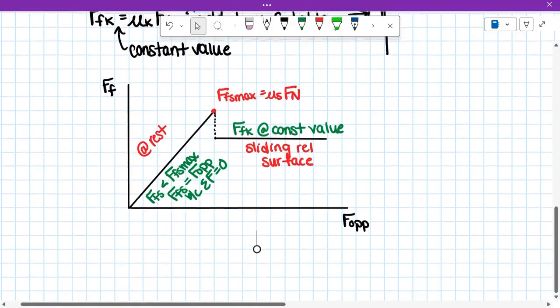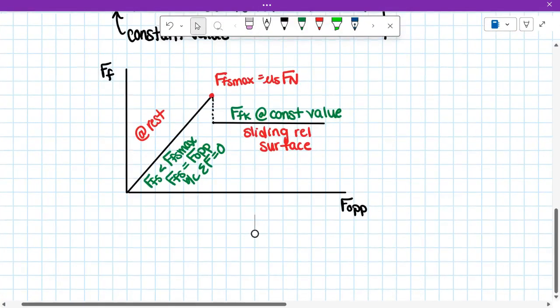So you might be trying to figure out, which one do I use? Do I use static or do I use kinetic? Do I have to consider both? Well, we're going to know based on the context of the question. So if the question tells us that the block is sliding across a surface or something like that, we know it's going to be the force of kinetic friction.